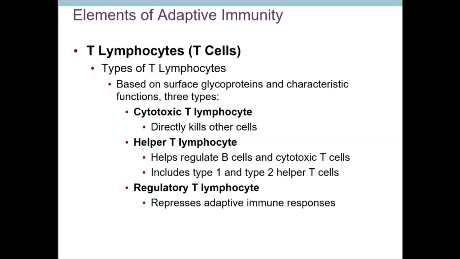And I say that because in HIV, these are the cells that HIV knocks out and kills. These are the cells that they infect. HIV infects helper T cells, and then they die. And that reduces the whole immune system's ability to respond to any kind of pathogen.